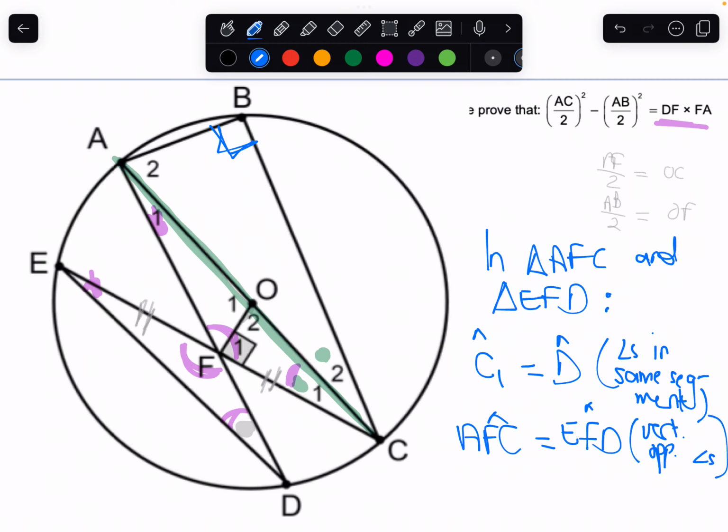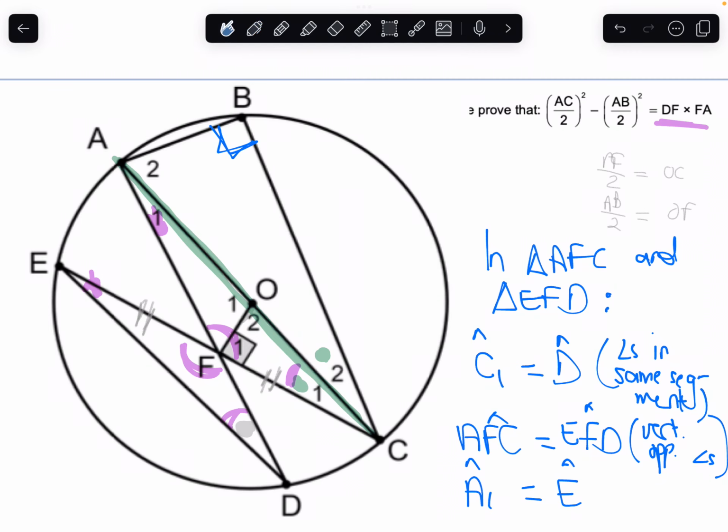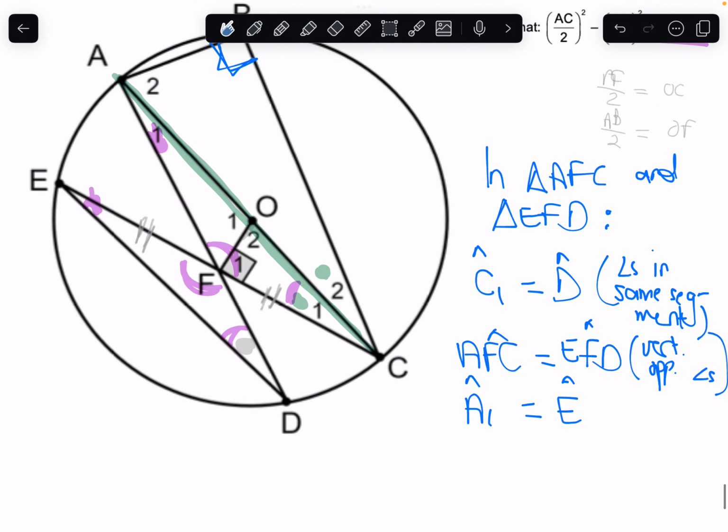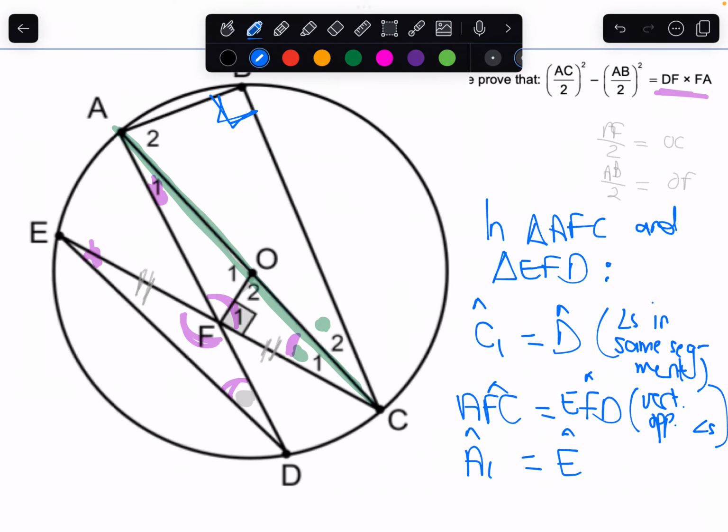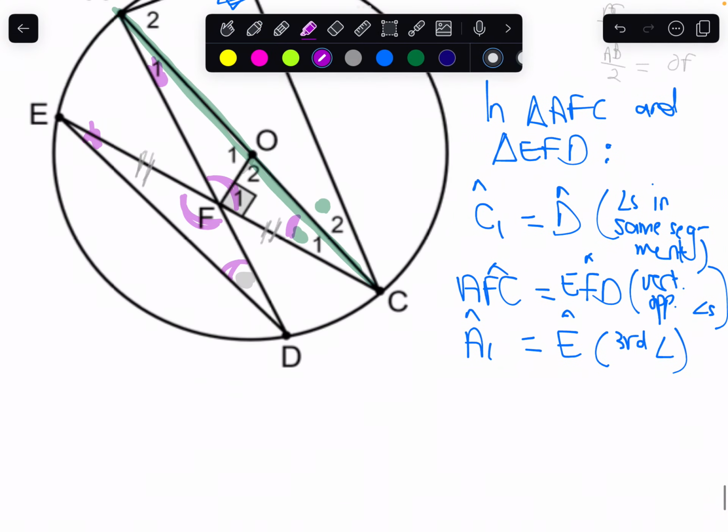And then finally angle A1 is equal to angle E, and that could just be third angle, or it could be angles in the same segment again. So let's just say third angle, shorter to write. And so therefore triangle AFC is similar to triangle EFD.